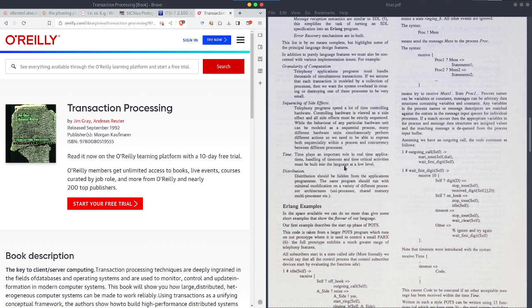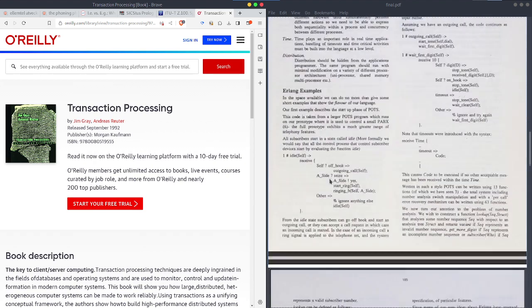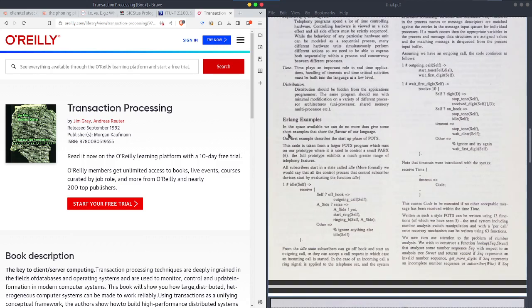When you are putting it in a process, the process just dies and we don't care anymore. But the concurrency is directly inside the process and outside of it. I'm not sure if it's really the case with monads, and it's also perhaps why I prefer Erlang for concurrency programming and distributed programming. So, Erlang example.